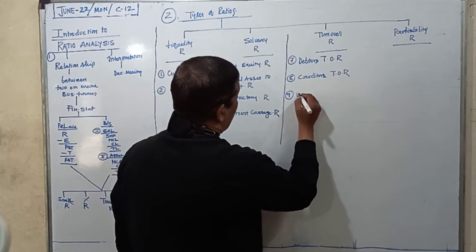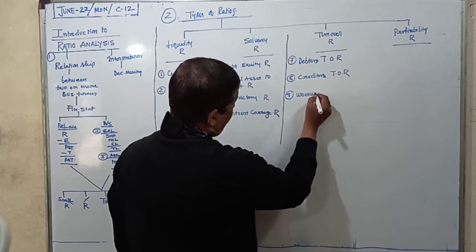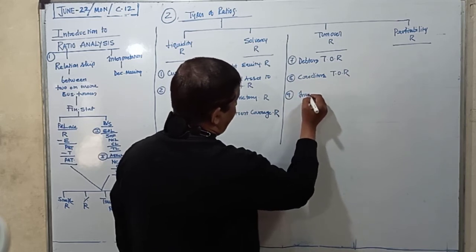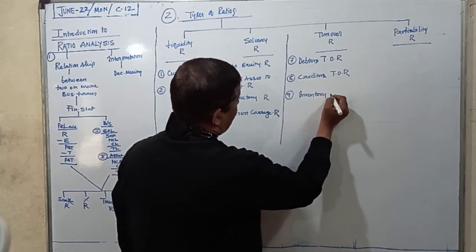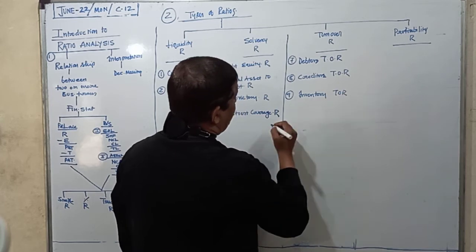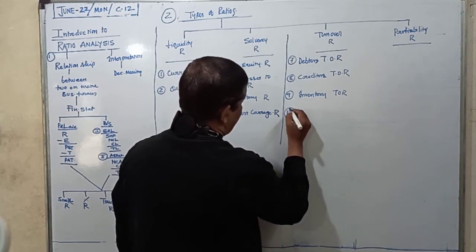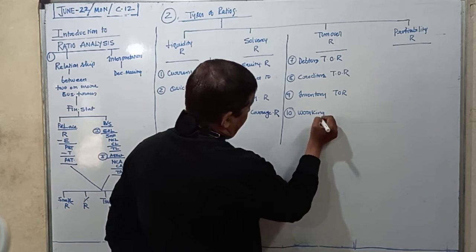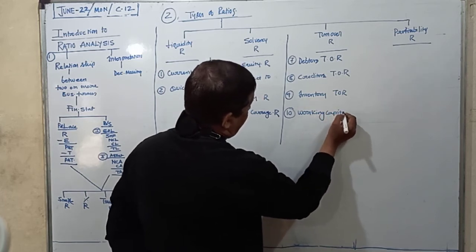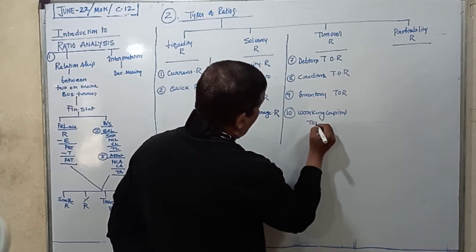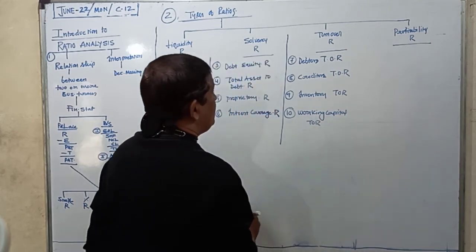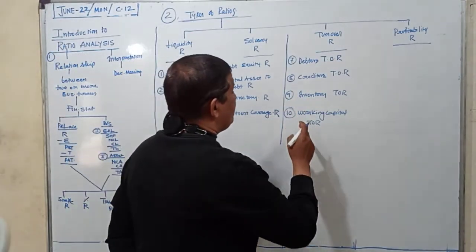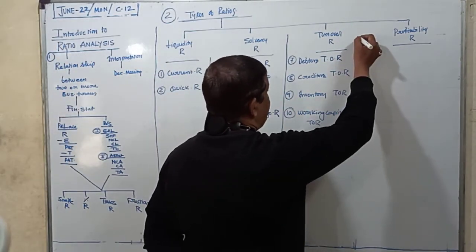Next we see inventory turnover ratio. Next we see working capital turnover ratio. So we see debtors turnover ratio, creditors turnover ratio, inventory turnover ratio, and working capital turnover ratio.